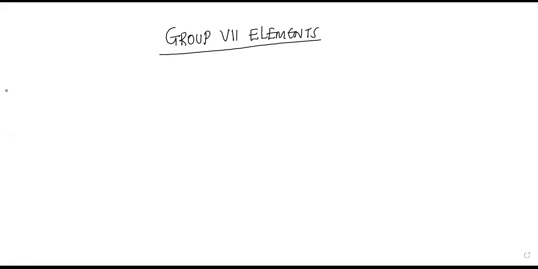Before we go there, if you talk about electronic structures or configurations, we are looking at the arrangement of the electrons of these elements in different sub-energy levels. Group 7 elements are known as halogens, or one can call them salt makers, but the common term is the halogens.